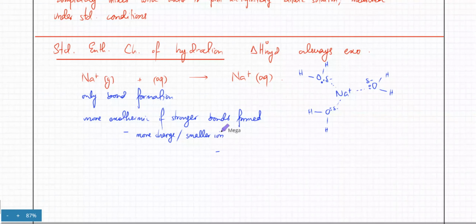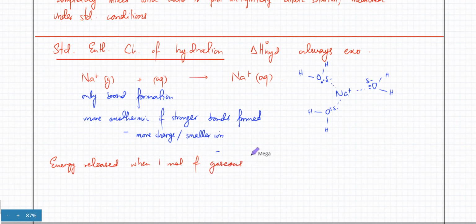Yes. So I'll just write the definition now, the proper definition, which is the energy released when 1 mole of gaseous ions are completely surrounded by water molecules to form 1 mole of aqueous ions.